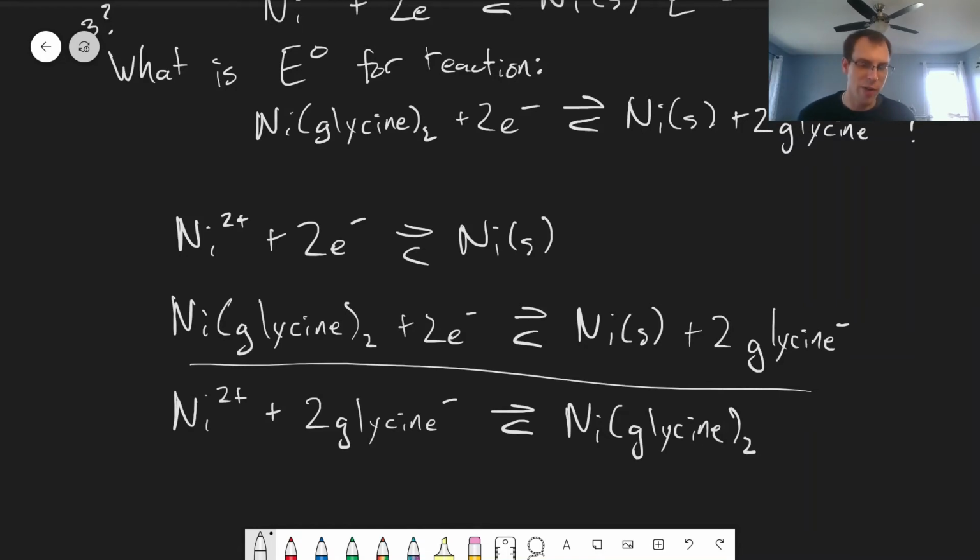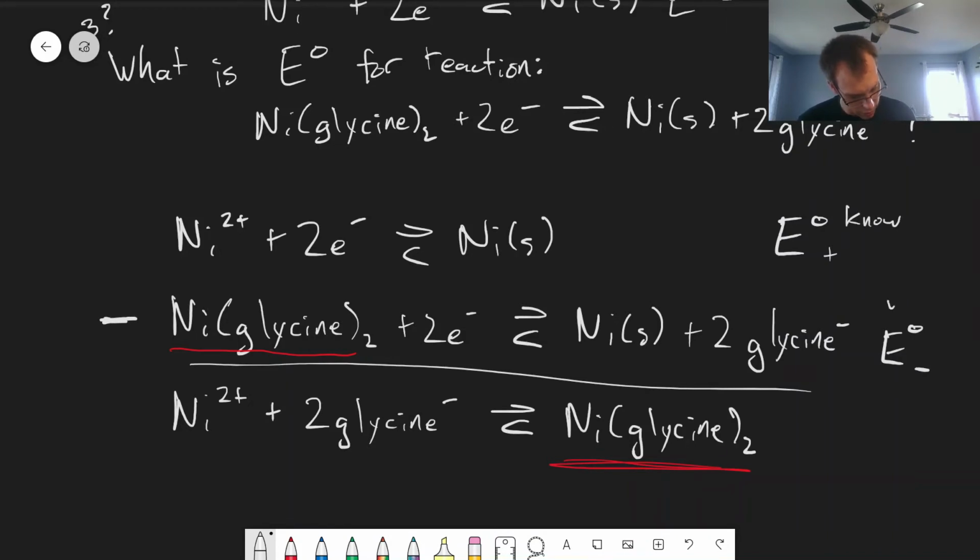These are the three reactions we know about. If we added this together as is, obviously it wouldn't work out. So this one needs to be our negative reaction, because this nickel-glycine complex, while it's a reactant here, in the final version it's a product. So we need to subtract reaction number 2. That's going to be our oxidation. So this will be E naught plus, this is going to be our E naught minus, this is our unknown, and we know K for this reaction, which allows us to find E naught total.